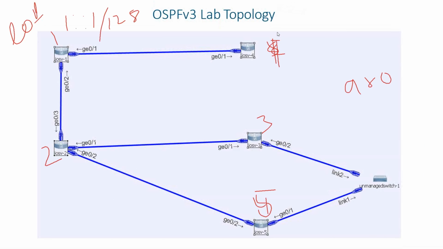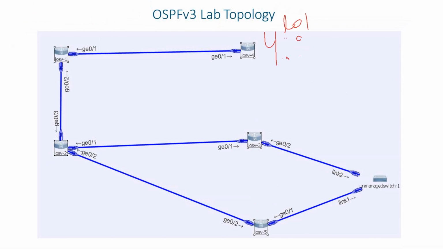Suppose this is router number 4, so the IPv6 address over the loopback, either loopback 0 or 1, you'll find 4:: , that is double colon, and then /128. That's the IPv6 address I'm using for loopback.